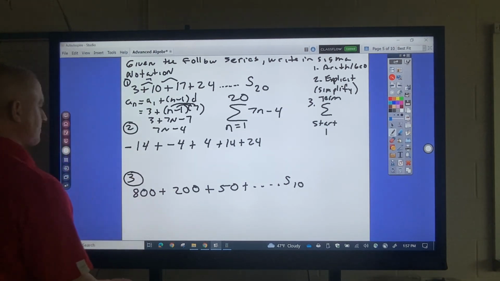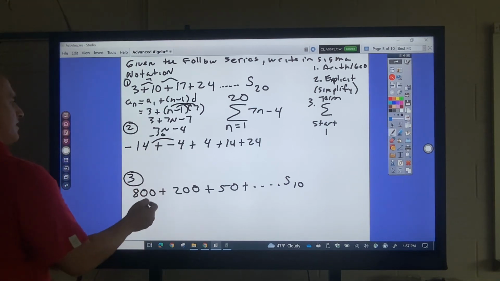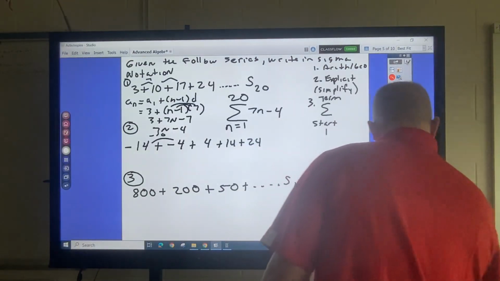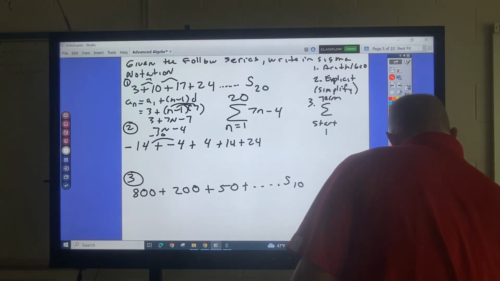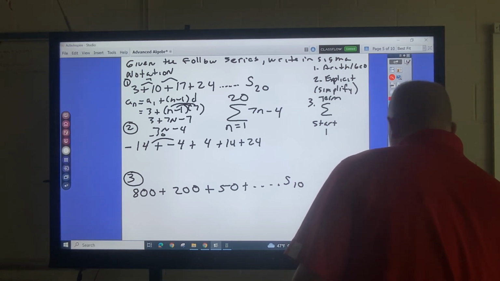This one, the difference here is minus 10. Actually, I don't think that's right, hold on. Negative 4, sorry, plus 10.